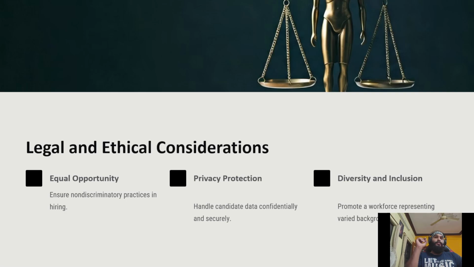Their privacy should be protected at all cost. A candidate's data should be confidential and securely kept with the HRs. There should be diversity and inclusion that promote a workforce representing varied backgrounds, not just some sort of groupism going on in the organization.